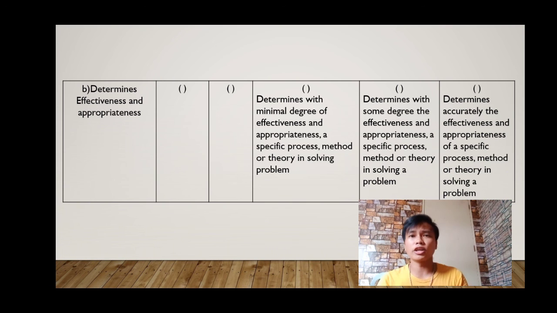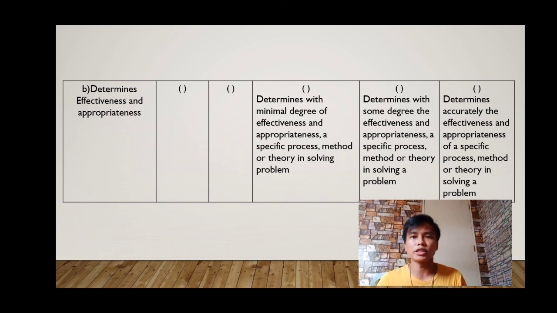So next is the competent category. In the competent category, the students can determine accurately the effectiveness and appropriateness of a specific process, method, or theory in solving a problem.